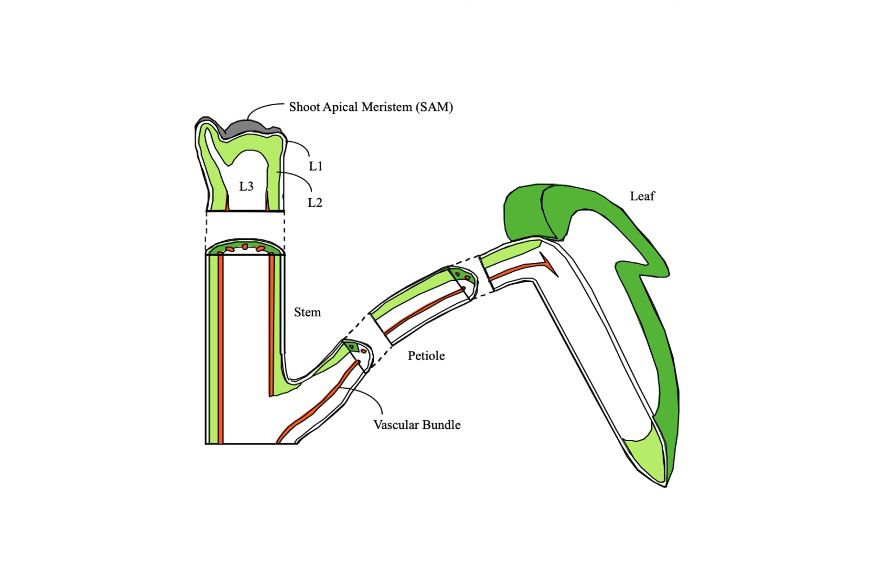And those proceed through the leaf also in this manner, so that you have a green layer on the outside, this wider layer from L3 on the inside of the leaf, and then the epidermis covers the whole thing. And you can actually follow these cell layers by looking at mutants.